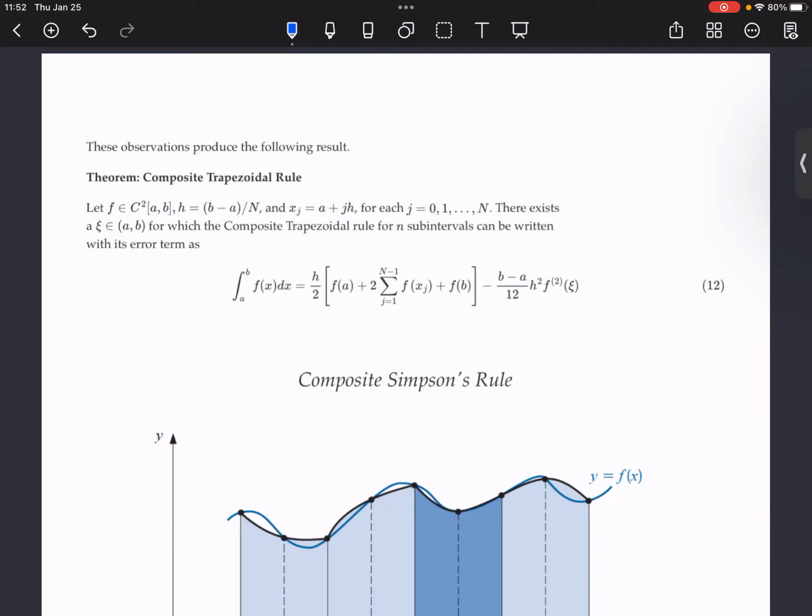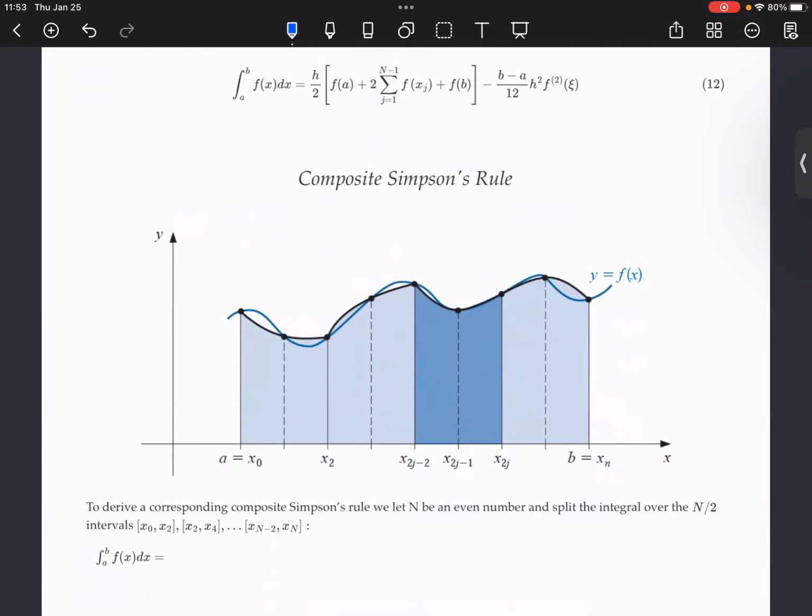But if you do the experiment, you will see some improvement in this scheme compared to the elementary trapezoidal rule. I'm not going to do the experiment here, but I'm going to do the experiment for the composite Simpson's rule. Next, we are going to apply the same technique to get the composite Simpson's rule.